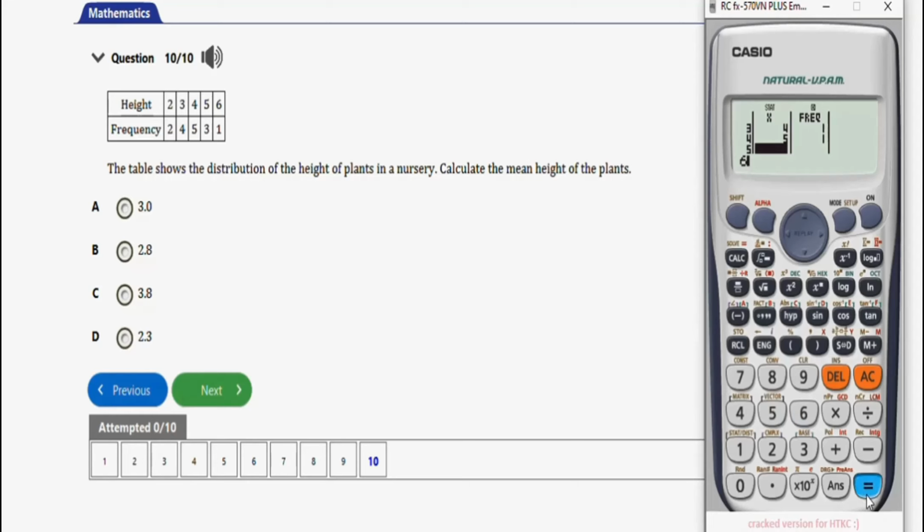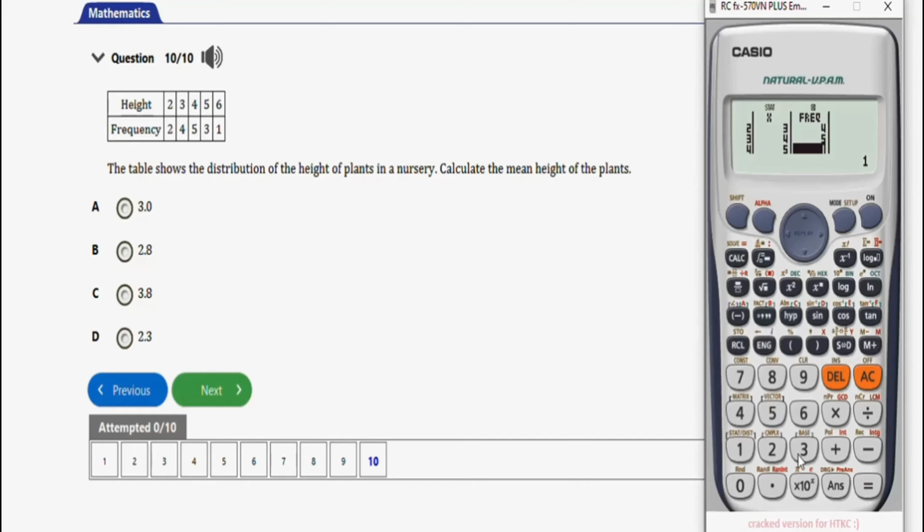Okay, so the frequency column will be, so when x is 2, the frequency is 2. When x is 3, frequency is 4. Okay, when x is 4, the frequency is 5.